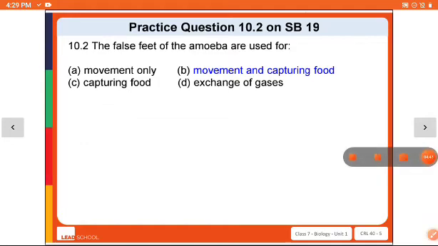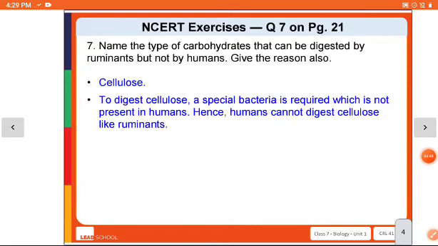Further, we have to discuss a question based upon ruminants and humans. Name a type of carbohydrate that can be digested by ruminants but not by humans.